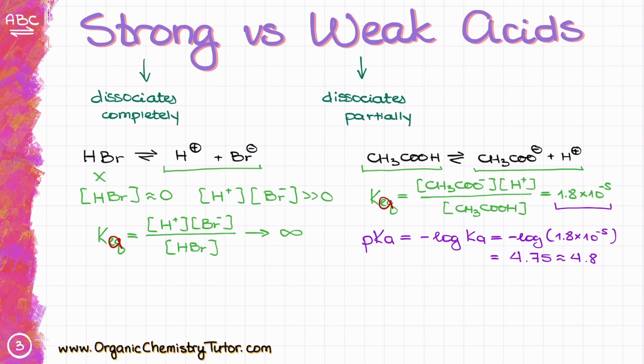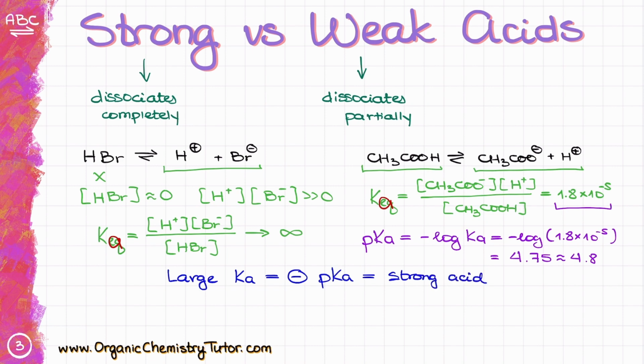When it comes to large Ka values, that is going to correspond typically to a negative pKa value, which corresponds to a strong acid.